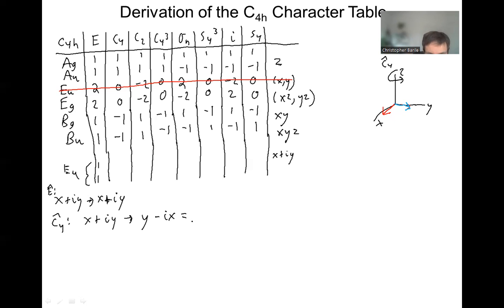Now we can see what this is equal to. It's actually going to be equal to x plus iy, whole quantity, times negative i.